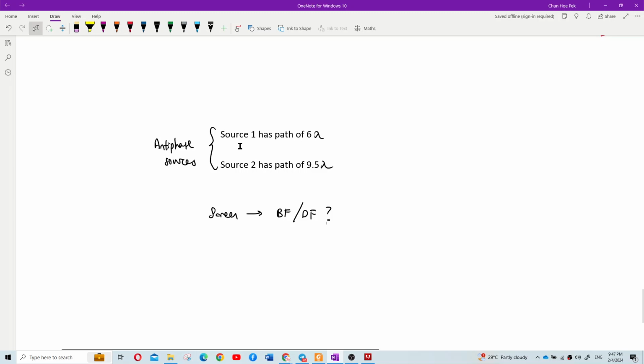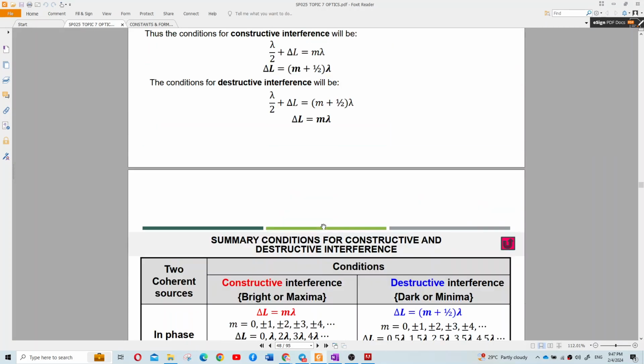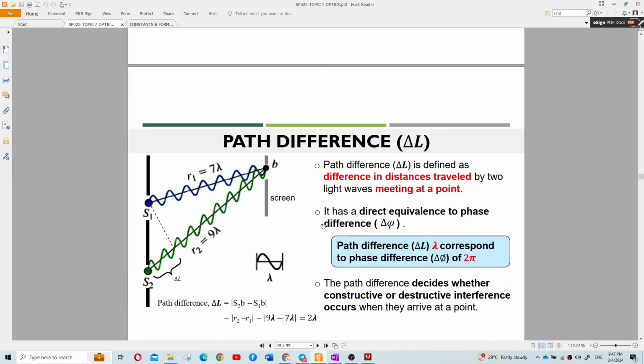Source 1 has a path of something like this. One light wave is a shorter distance, another wave is a longer distance. So you have to find the delta L, the path difference, and that path difference will determine whether on the screen you get bright fringe or dark fringe.